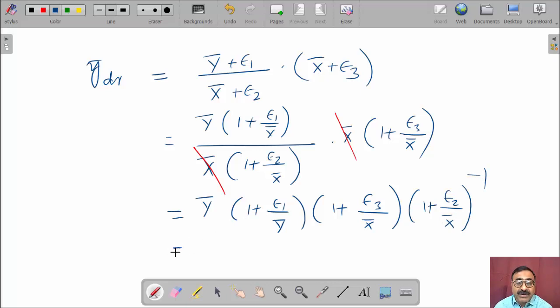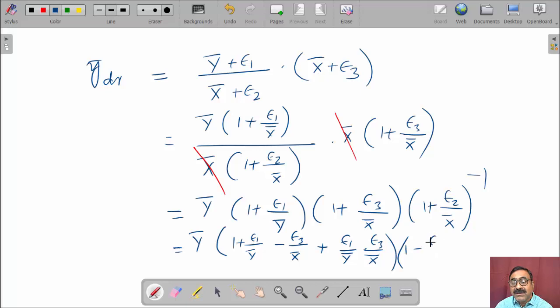Now this is equal to Ȳ (1 + ε1/Ȳ − ε3/X̄ + (ε1/Ȳ)(ε3/X̄)) times (1 − ε2/X̄ + ε2²/X̄² + and so on).